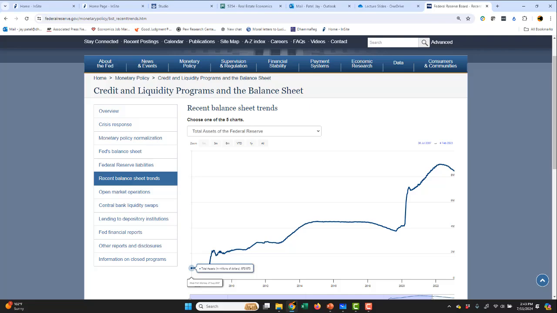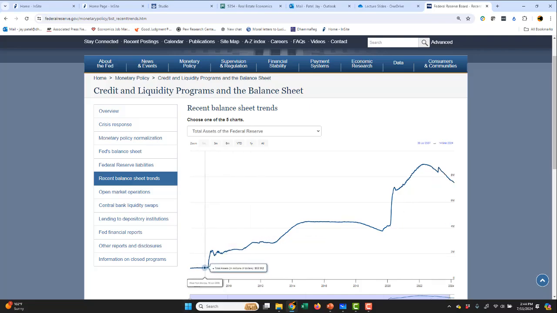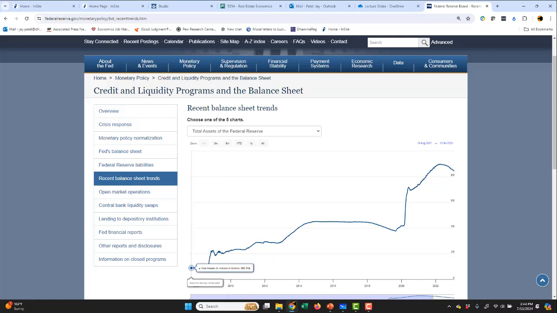Okay, so there is something big that happened here. And if we go back in time, it's been increasing over decades, but something very important happened during the financial crisis, where you see this really big increase. It's going from around 900 billion, and it jumps up very quickly to 2 trillion.